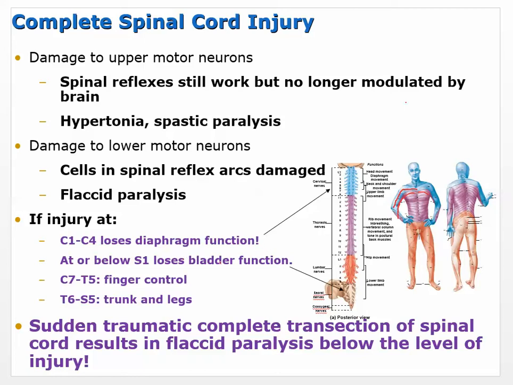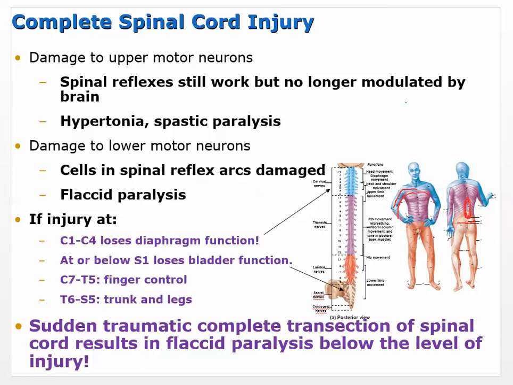Below that, the sacral area controls urination and bladder function, the detrusor muscle, and you're going to lose control of that. C7 through T5 is going to be more upper extremity and finger control. T6 through the sacral is going to be more down here in your lumbar region.